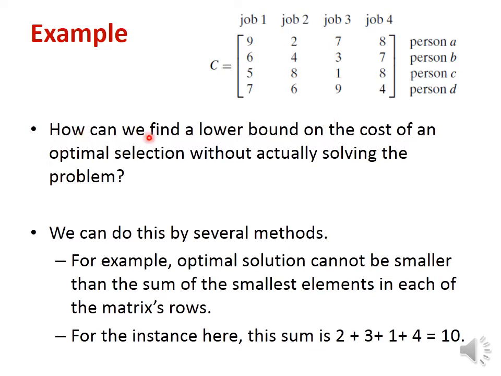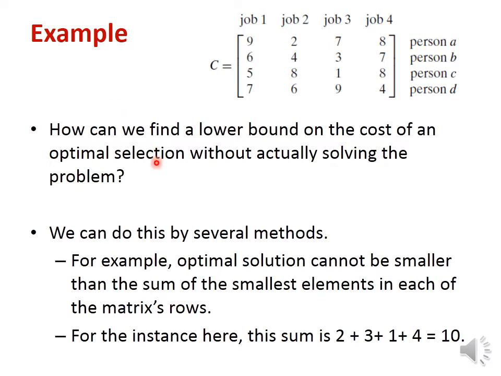So how can we find a lower bound on the cost of an optimal selection without actually solving the problem? Without fully exploring the problem, if you proceed in one particular selection or one particular path of a state space tree, how can we compute the lower bound?